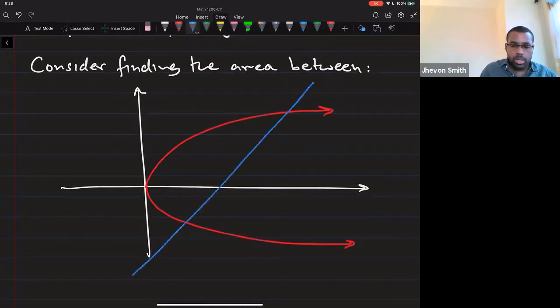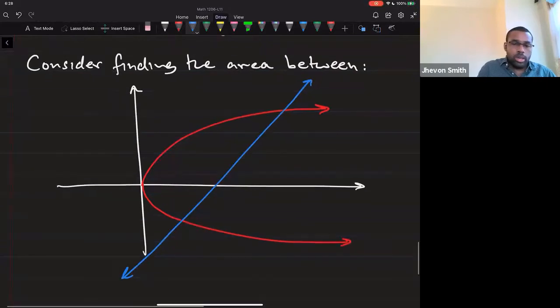And this part right here, we can call this, say, y equals g of x.